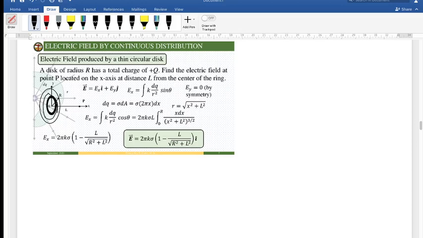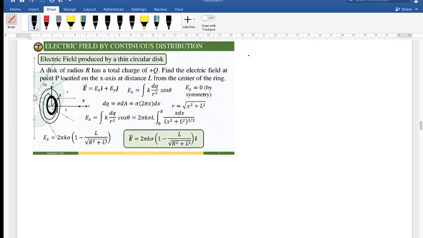Okay? So what you're going to do is again get a very small ring of charge. As you can see here, we have a ring of charge, and your field point P is located at distance L from the origin or the center of the thin circular disc.